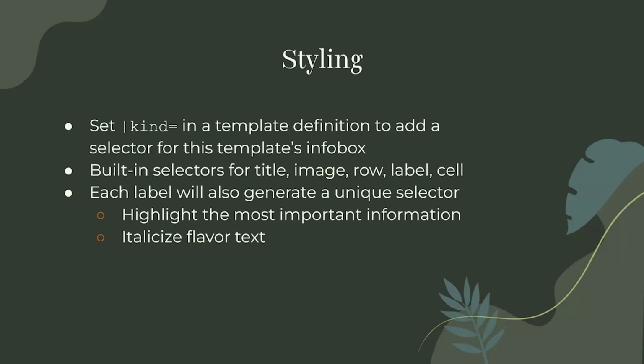There's a lot of built-in selectors. Again, like I said, I didn't show all of the classes that I'm adding to all of the elements in the code that I showed you in previous slides, but pretty much the title of the info box, the image of the info box, and all of the images if you want to have a toggleable gallery. Each row, each label on the left-hand side, and cell value on the right-hand side, each of those has its own class.